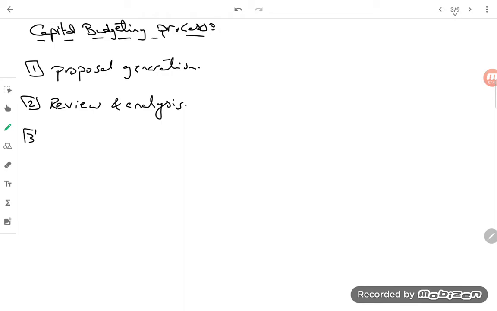Then step number 3, decision making. After the review and analysis process, they have to take a decision about which project will be the most appropriate one.